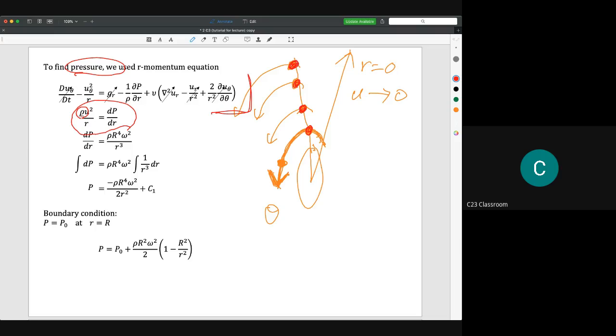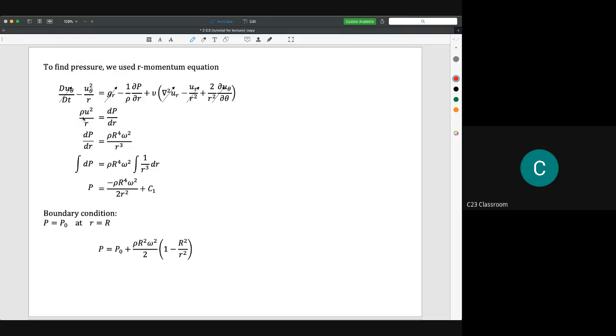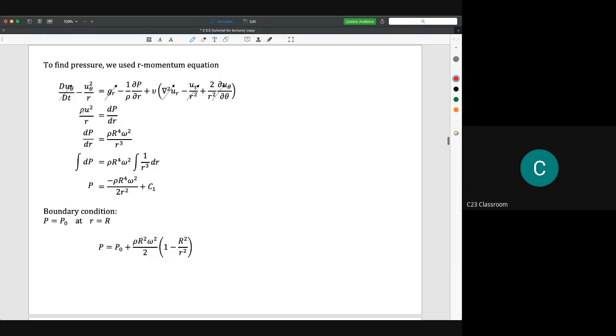Here the rho is not equal to zero, so we cannot simply say that the value of rho here is zero. It carries a certain value, so we need to retain this term. So the final term is rho u square over r equal to dp over dr.